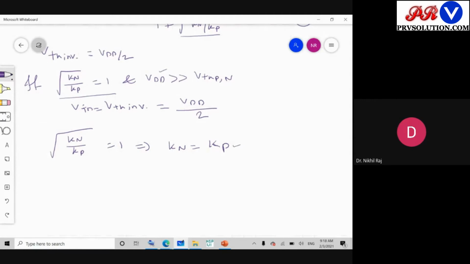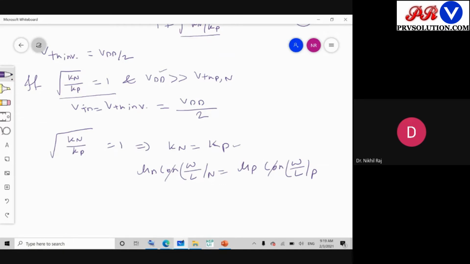Now I will again substitute what Kn is. Kn is mu n Cox W by L of n, and Kp is mu p Cox W by L of p. Okay. Now if, let's say, the oxide thicknesses are the same, this Cox will cancel out.